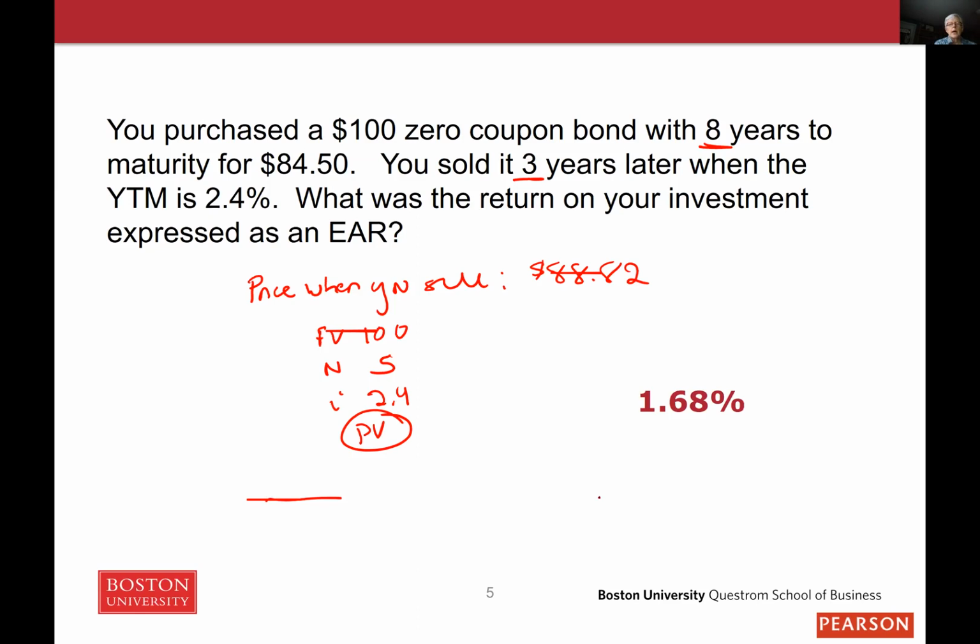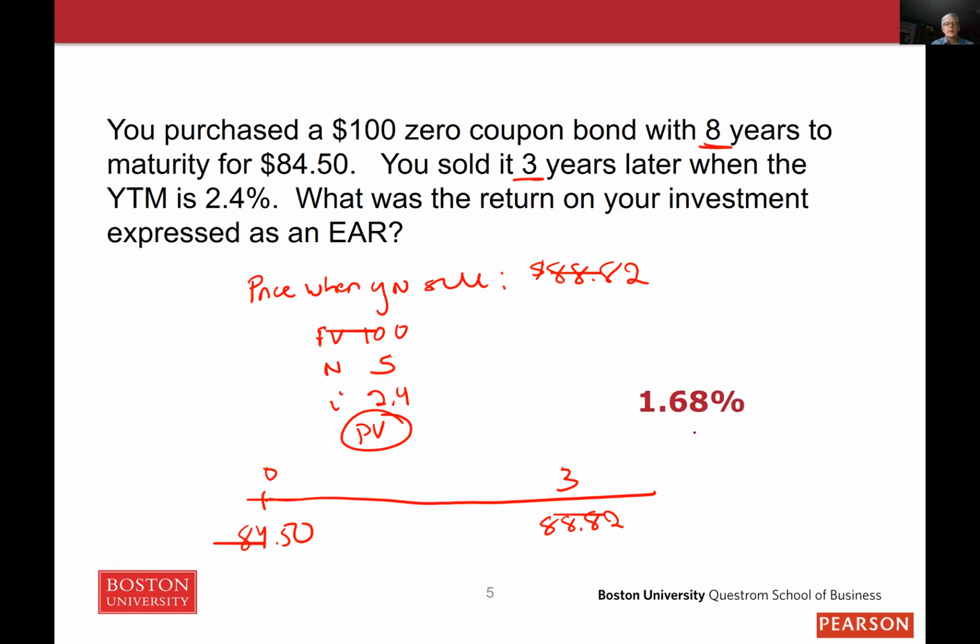So now what you've got is at the beginning, you buy a bond and you pay $84.50 for it. 3 years later, you sell it for $88.82. And there's two ways that you can find the annual interest rate.